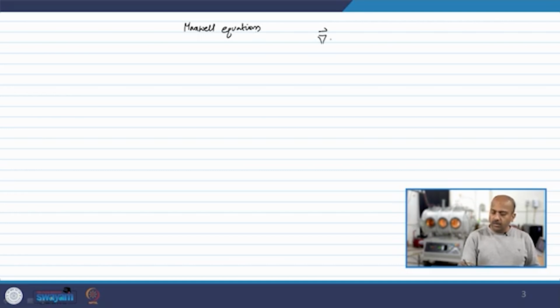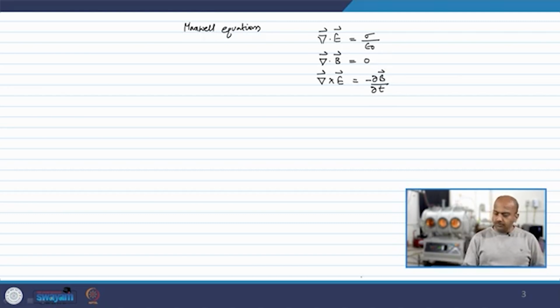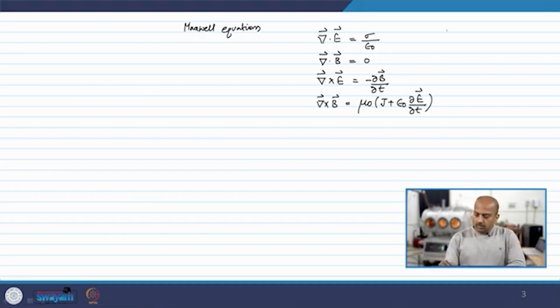We have ∇·E = σ/ε₀, the charge density divided by epsilon naught, and ∇·B = 0, and ∇×E = −∂B/∂t, and ∇×B = μ₀J + ε₀ ∂E/∂t. So, these equations are valid in vacuum.